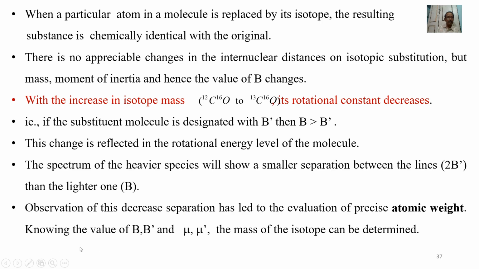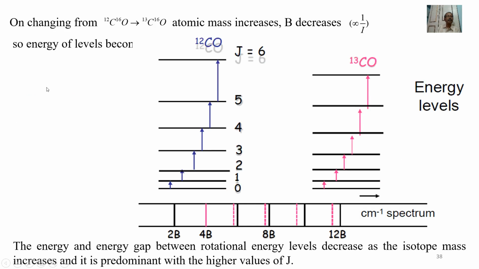Knowing the values of B, B prime, mu, mu prime, the mass of the isotope can be easily determined. On changing from without isotope to with isotope, that is C12 to C13 in CO, the atomic mass increases and B decreases. And of course, we know that B is directly proportional to 1 by I, the moment of inertia.